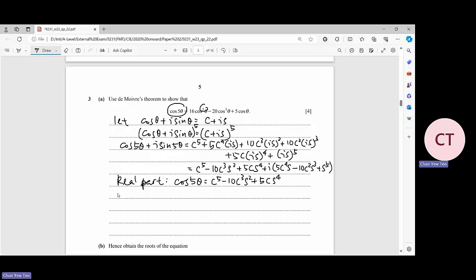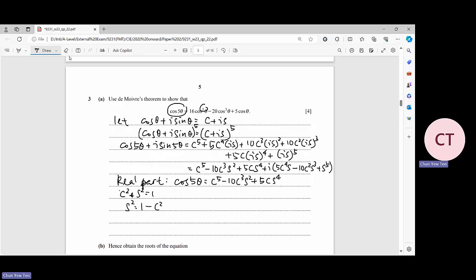And we do have the formula cos²θ plus sin²θ equals 1. Over here, we write it as c² plus s² equals 1. That means s² can be written as 1 minus c².